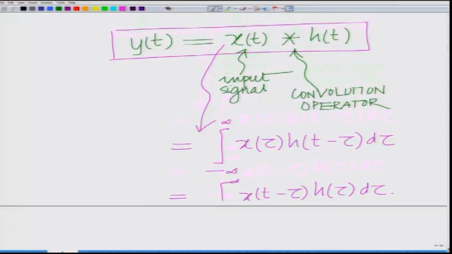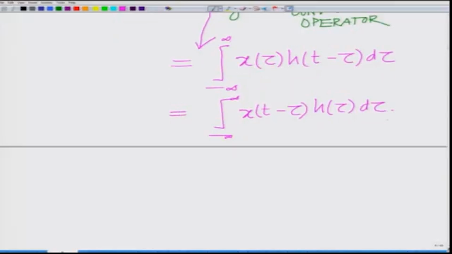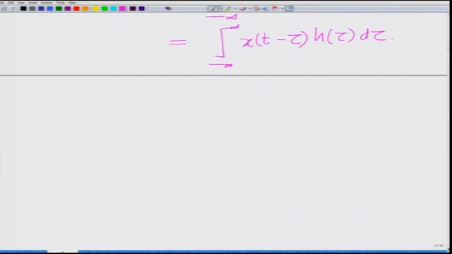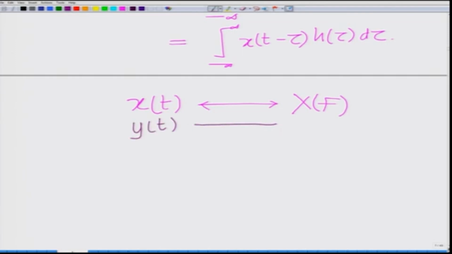If I consider the Fourier transform of the input and the output, let x(t) and X(f) be a Fourier transform pair, and the output y(t) and Y(f) be a Fourier transform pair.